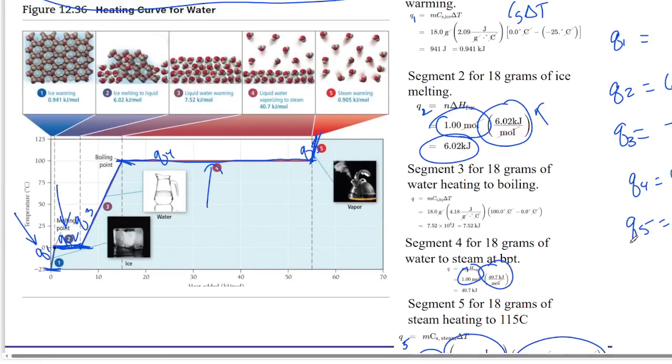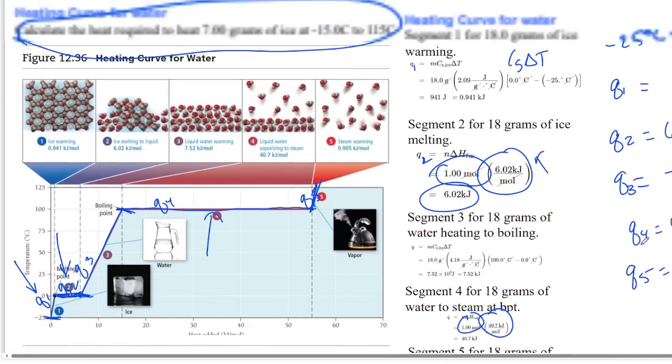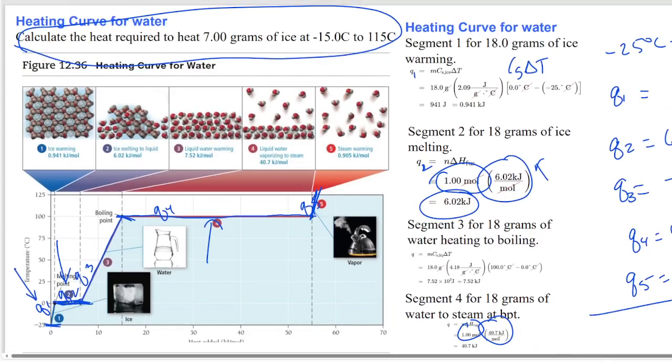I have not done that here, so let me grab my calculator. I get 56.086 kilojoules as my Q total.